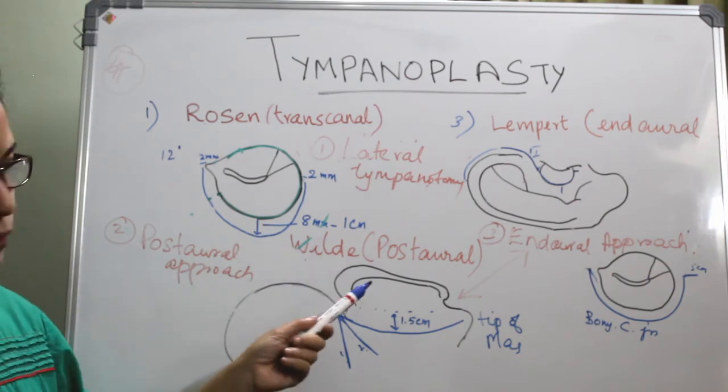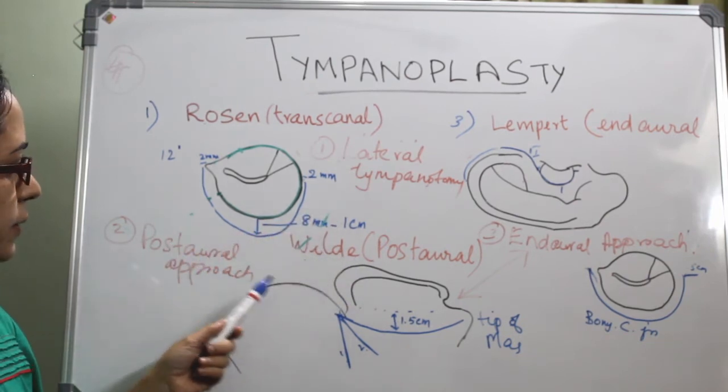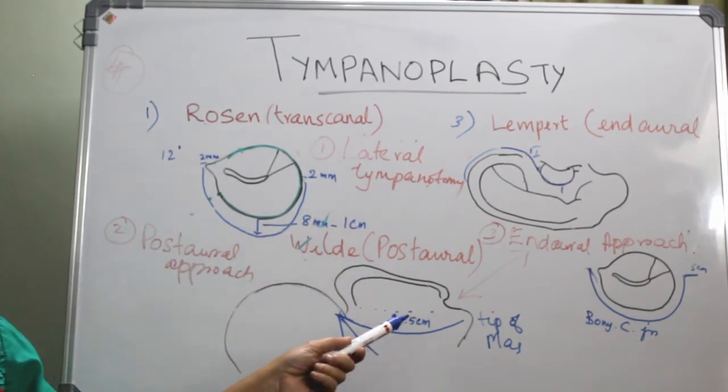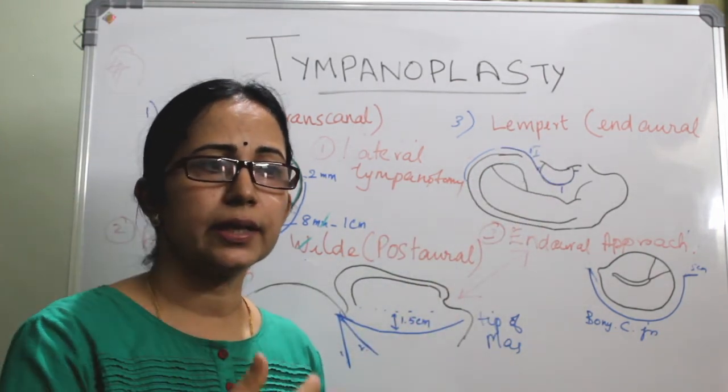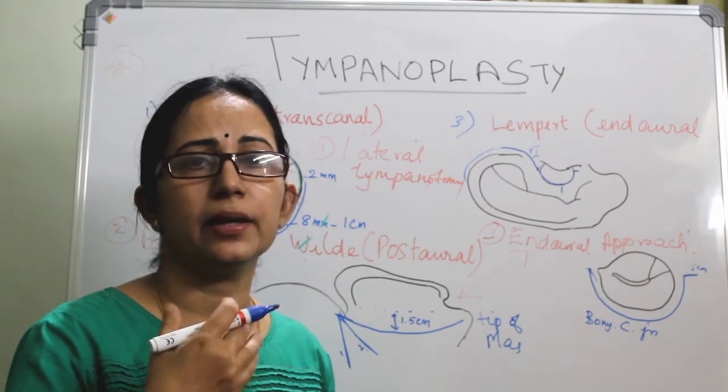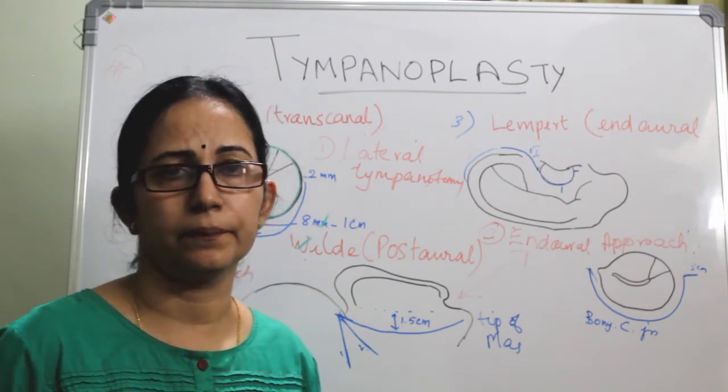By these three approaches, that is a lateral tympanotomy through the transcanal approach, the post-aural approach and also the endaural approach, we are gaining access into the middle ear by elevating the tympanomeatal flap.